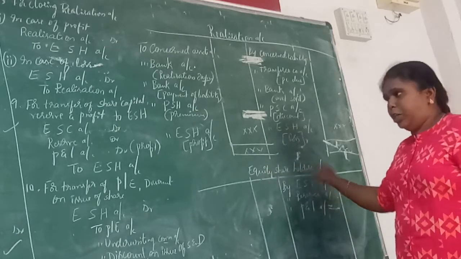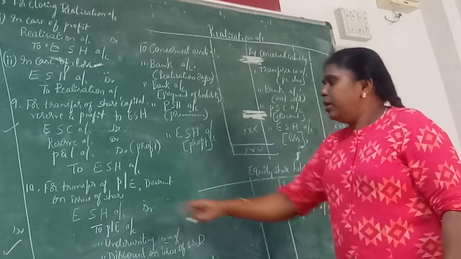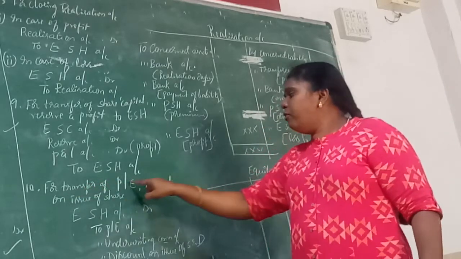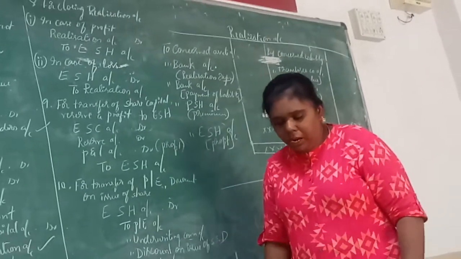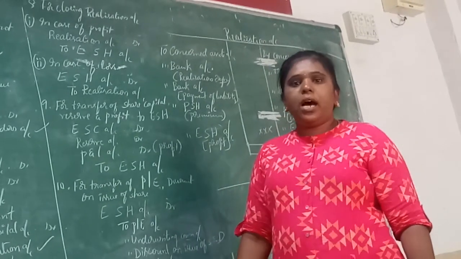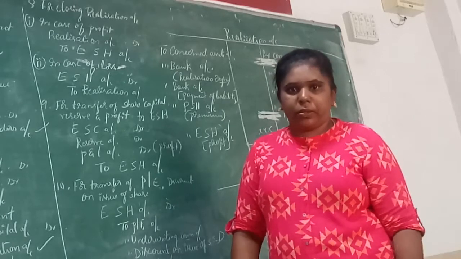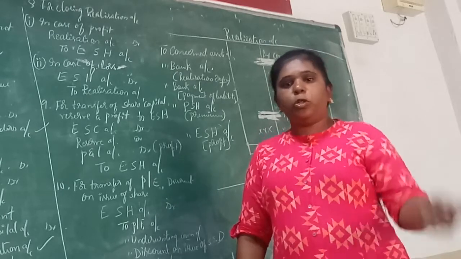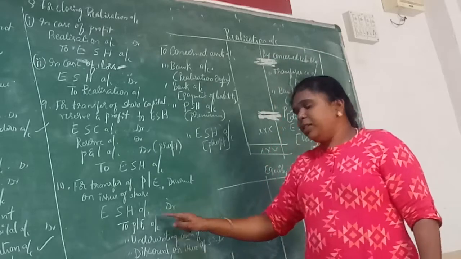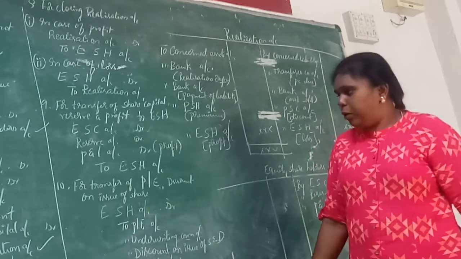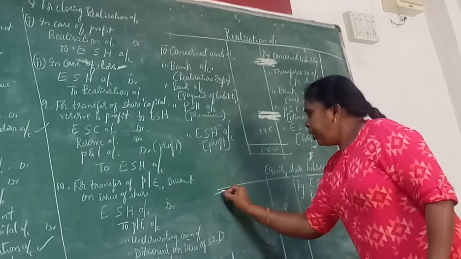Next, the next one is for transfer of preliminary expenses, discount on issue of shares and debentures, underwriting commission. These are miscellaneous expenses. These expenses should be borne by the equity shareholders, and they should be taken over by the equity shareholders. So that's why we are going to debit this entry.